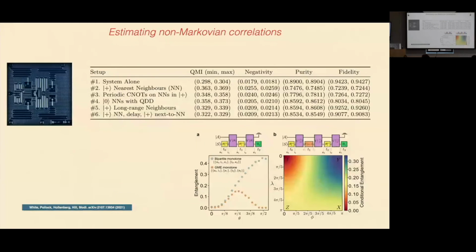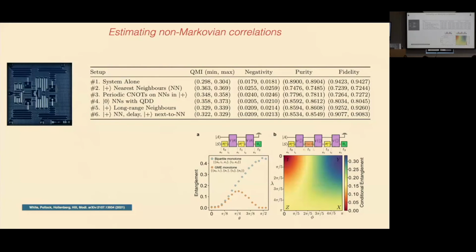Now, one might even ask, is there even non-Markovianity in these devices? And so we did this characterization, and from that characterization, we bounded the quantum non-Markovianity. So this is the quantum non-Markovianity. This is the quantum mutual information. So these are upper and lower bounds on non-Markovianity in these three-step processes. And you can see that it's there and it's sizable.